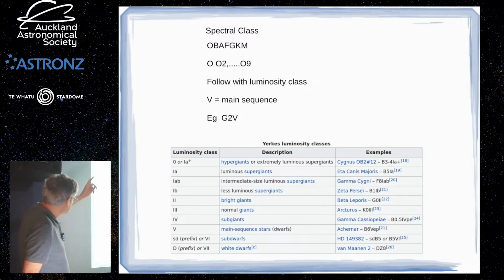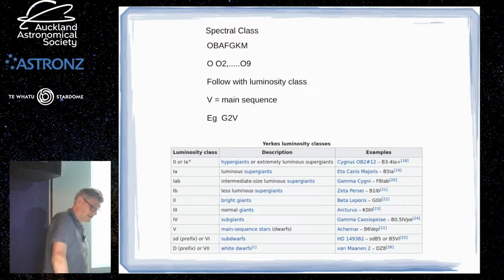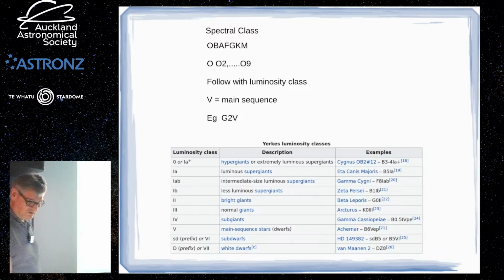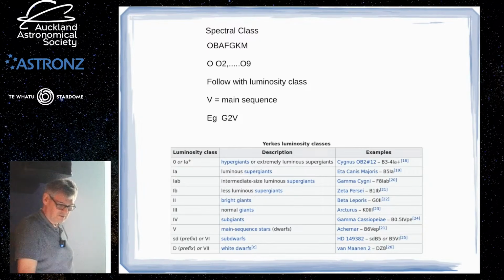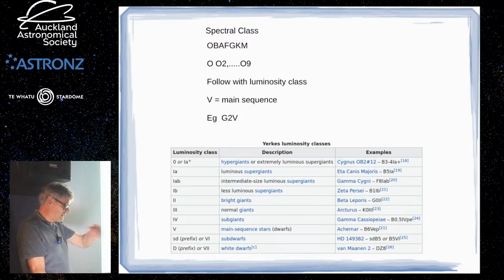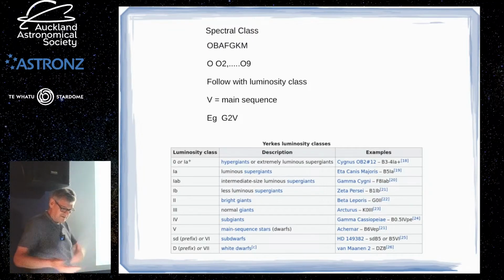And within each class you can divide it up into subclasses. This system actually came from Harvard University when they were first doing spectroscopy, and they were incredibly confused. They started using letters of the alphabet, and then they realised this doesn't work, and they ended up shuffling them all around. A lady called Annie Cannon actually invented the scheme that they came up with, and so that's stuck to this day.